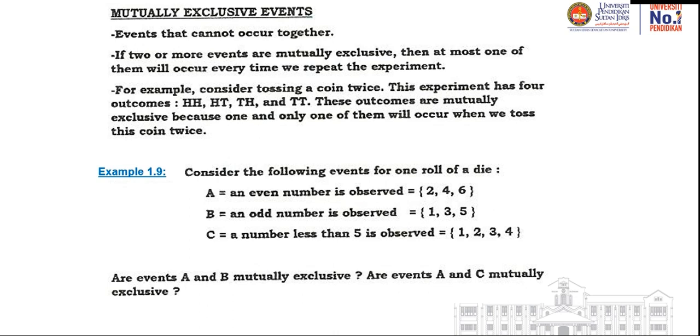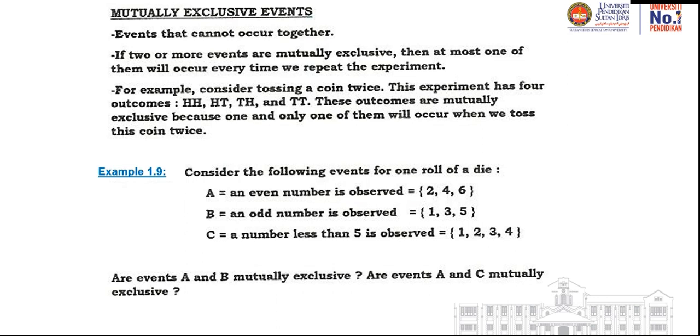Okay, another term is mutually exclusive events. This is an important term that you need to remember because it affects your calculation of probability. By definition, a mutually exclusive event is an event that cannot occur together, or cannot happen at the same time. Look at example 1.9.